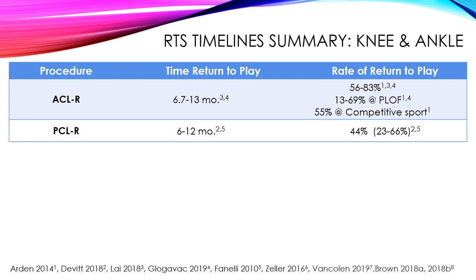When you talk about returning to play or returning to participation per se, you're going to have higher rates, 56 to 83%. But if you're really looking at those individuals that are returning to the competitive level that they once were, there are significantly lower numbers here. As low as 13% and everything up to 69% have been reported for the ACL, and for your PCLs, these consistently don't do as well.